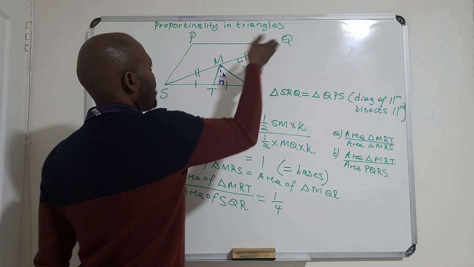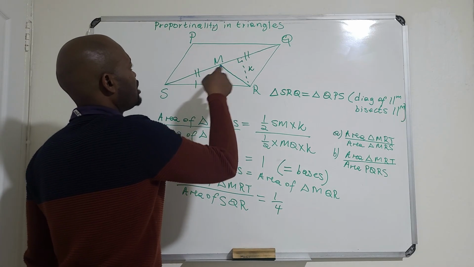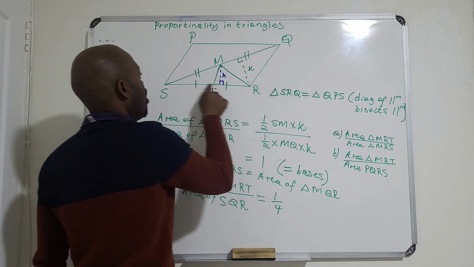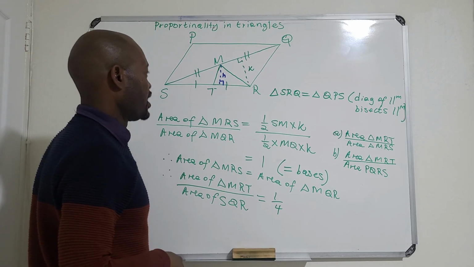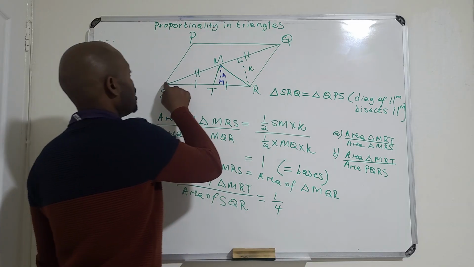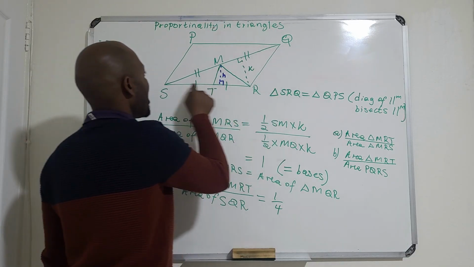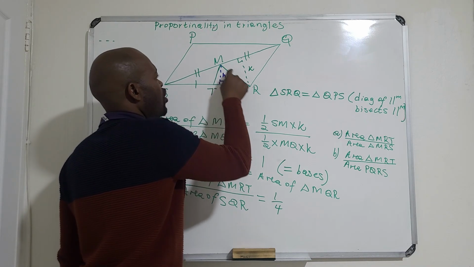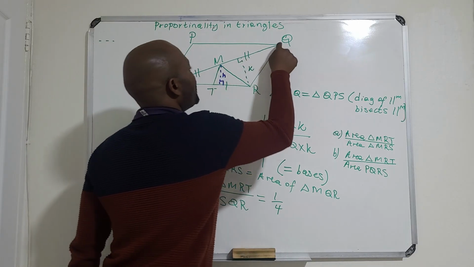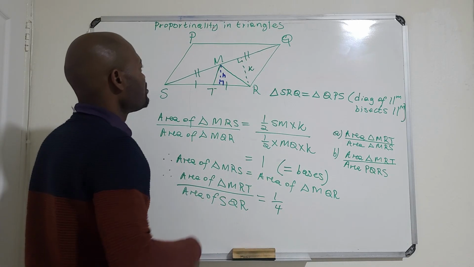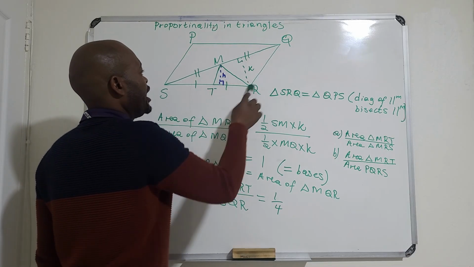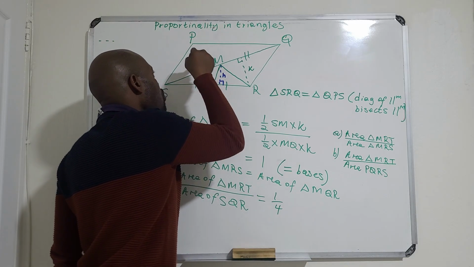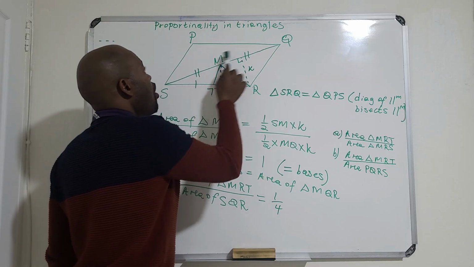If the diagonal bisects the parallelogram, it means that the area of this triangle is equal to the area of that triangle there. Since the area of this triangle is equal to the area of this triangle, and we know that the ratio of the area of this triangle over this triangle is 1/4, it means that there's 4 of these triangles here and 4 of these triangles also here.